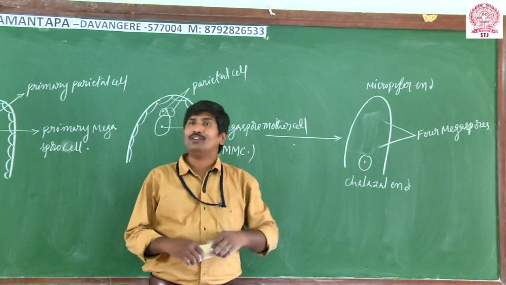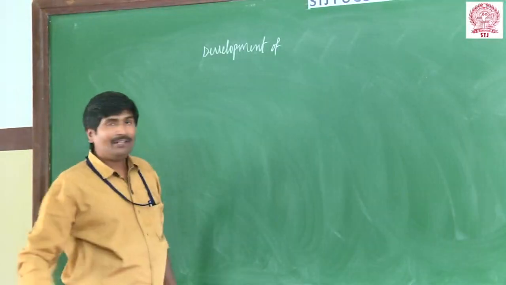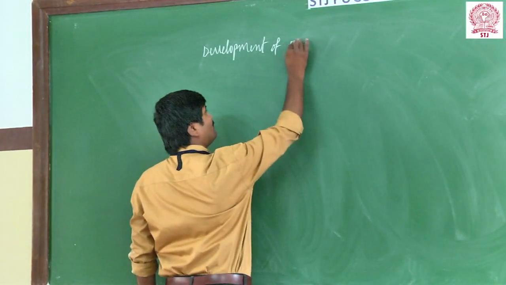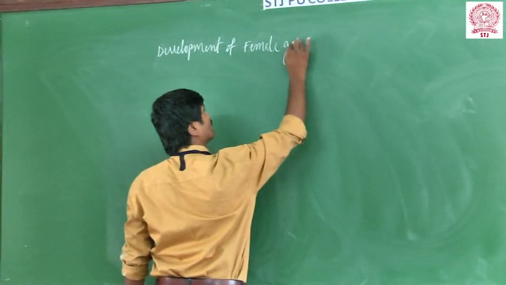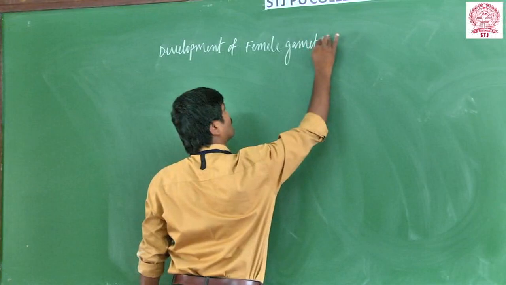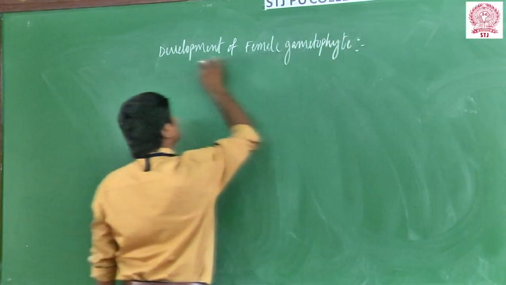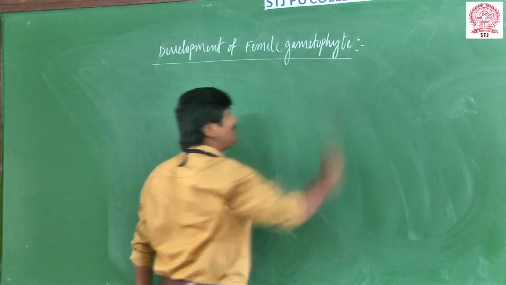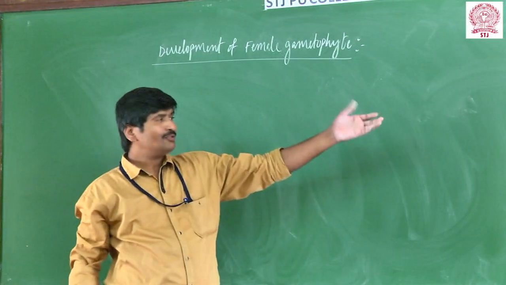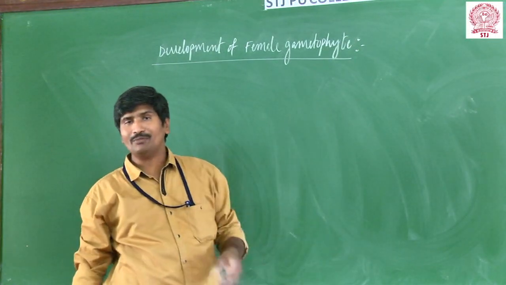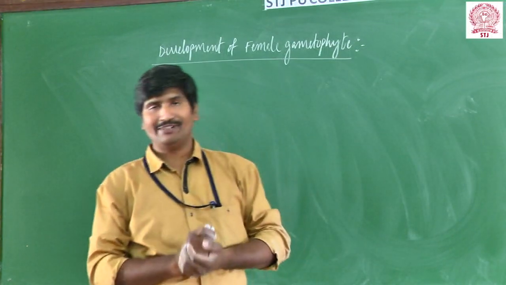Next, the development of the female gametophyte. In megasporogenesis, 4 megaspores are developed from the megaspore mother cell through meiotic cell division.